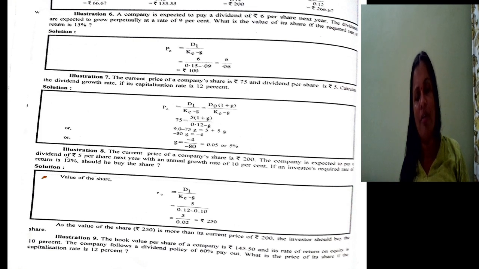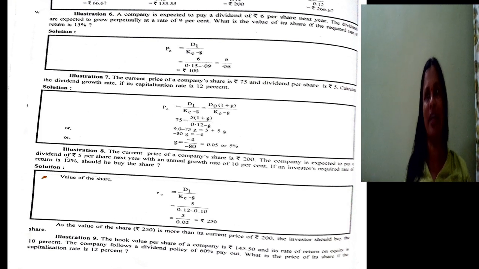When you take 9 to that side, it becomes minus 9. So 5 minus 9 becomes minus 4. So minus 80G is equal to minus 4. G will be minus 4 divided by minus 80. The answer is 0.05. If you want to present it in terms of percentage, multiply it by 100, and you arrive at 5% as the growth rate.